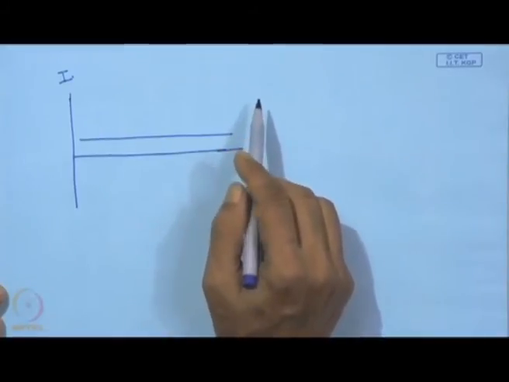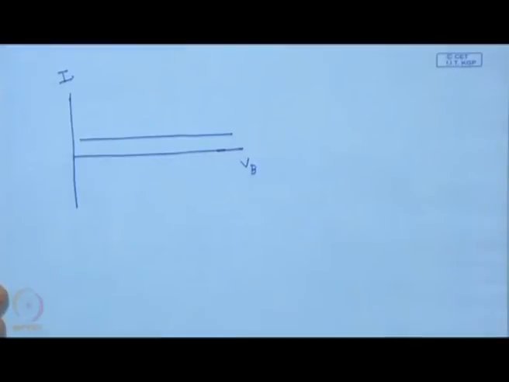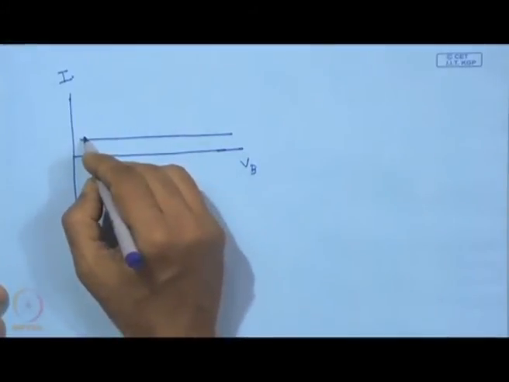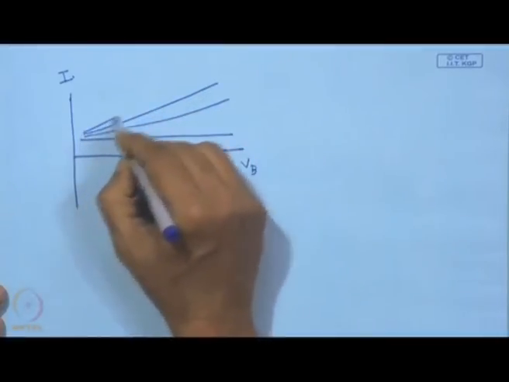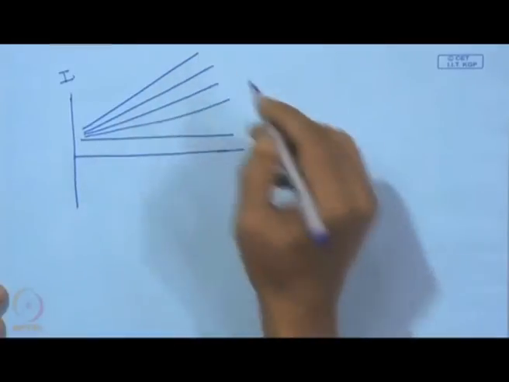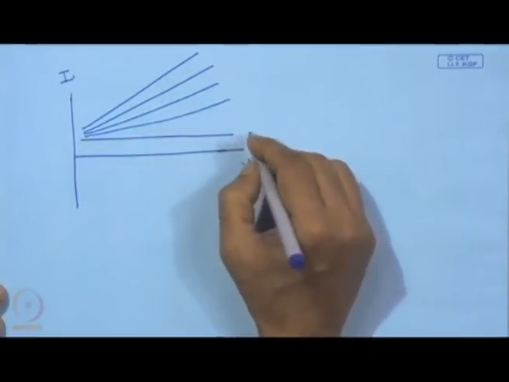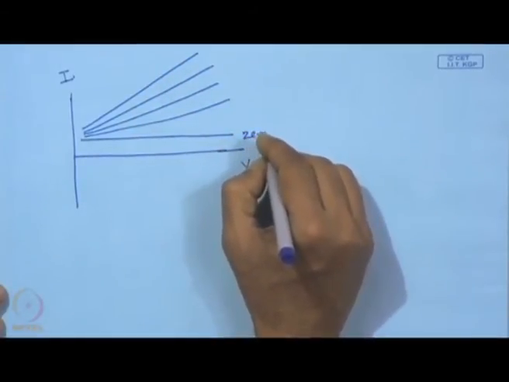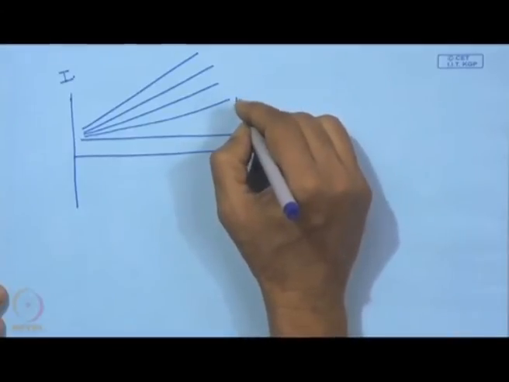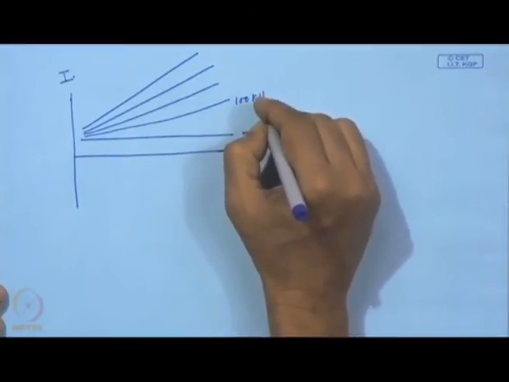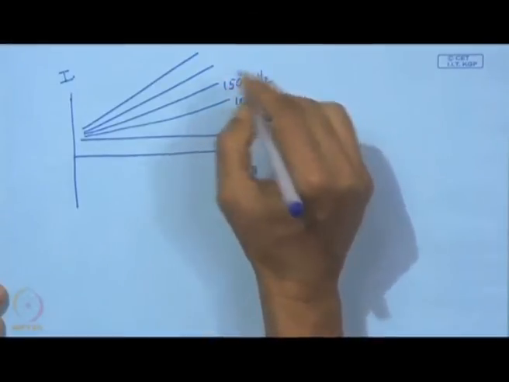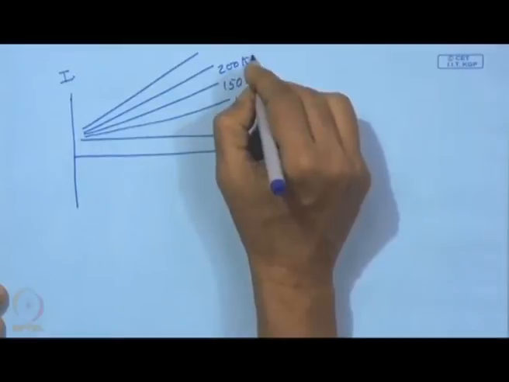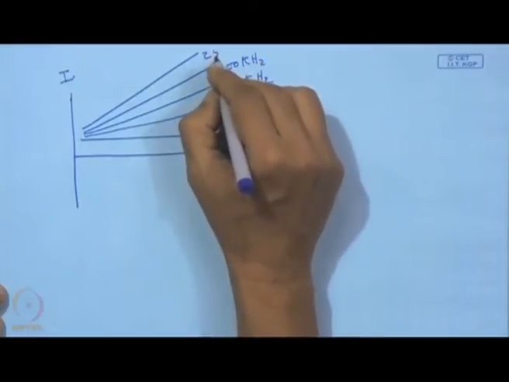But what we have seen is that when we increase the frequency, we can have such a graph, where this is with 0 frequency, and these are 100 kilohertz, 150 kilohertz, 200 kilohertz or 250 kilohertz.